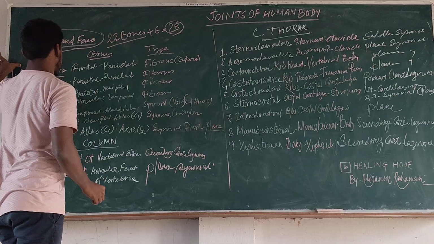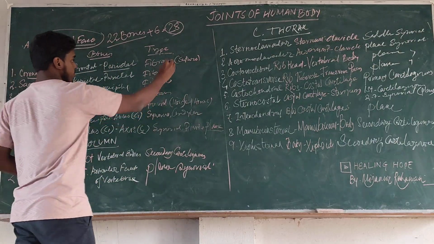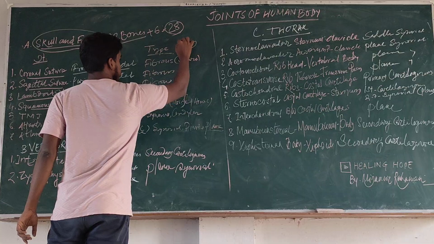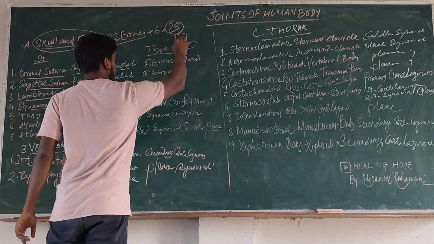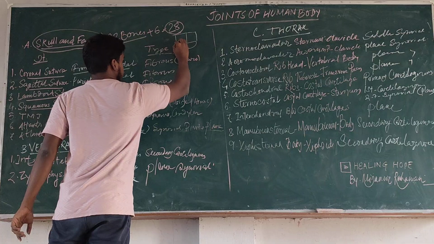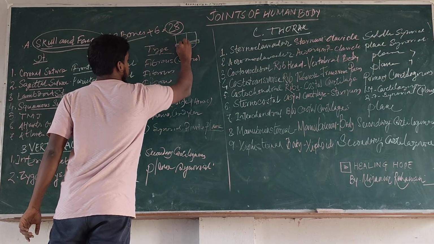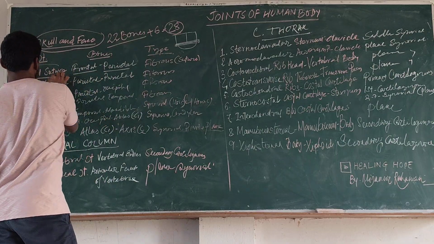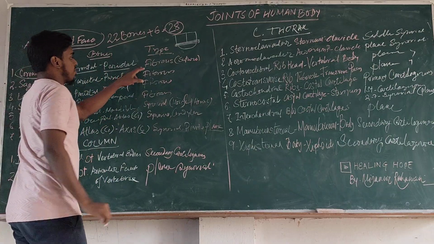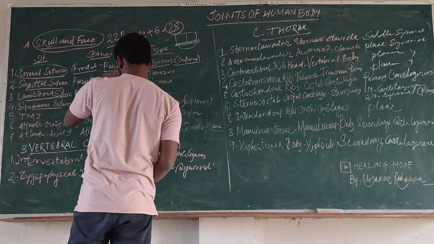Now this coronal suture is formed by the frontal and parietal bones. This one is frontal bone and these two are parietal bones, and this suture is known as the coronal suture, and it is a fibrous joint which is a suture type.